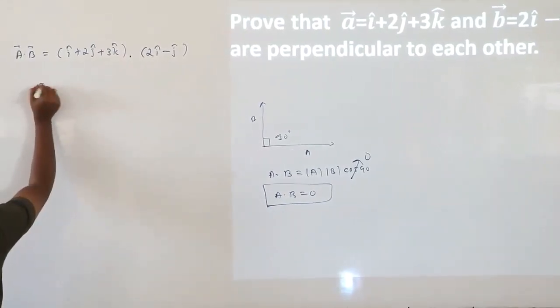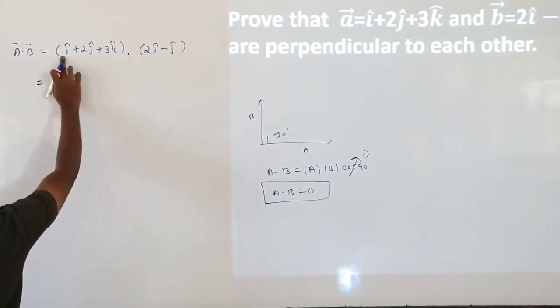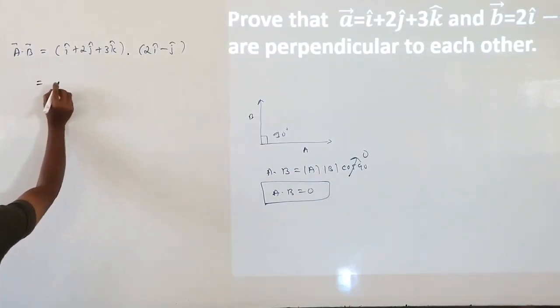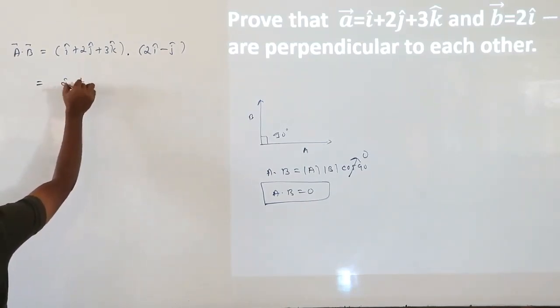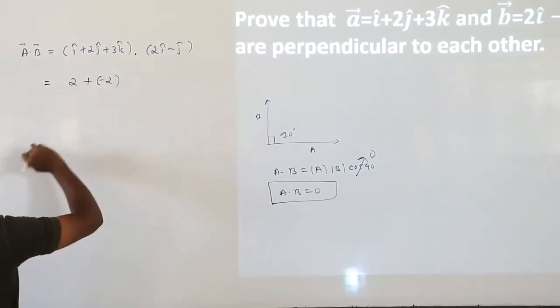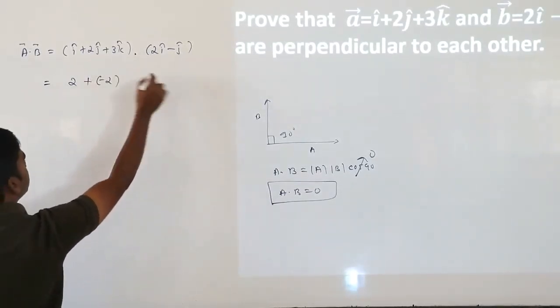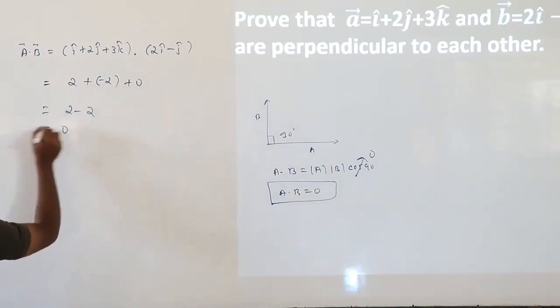Now you can just take the dot product. 1 into 2 will be 2, then plus 2 into minus 1 will be minus 2. 3 into 0 will be 0. So 2 minus 2 will become 0.